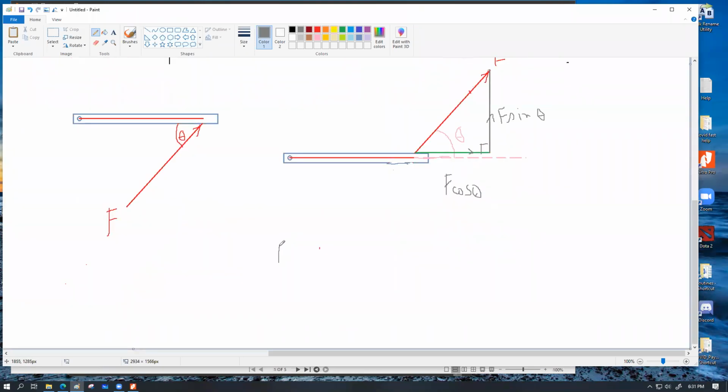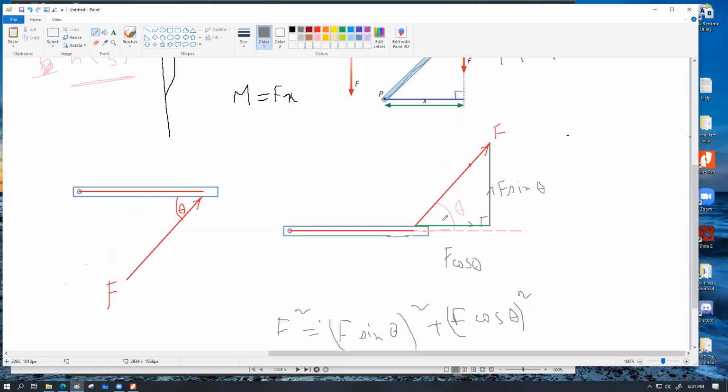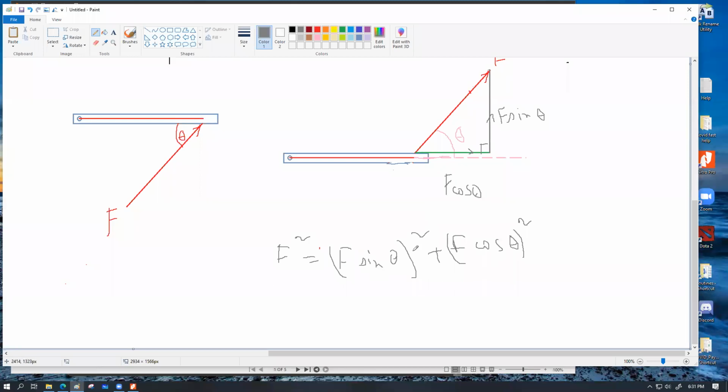Have a look. F square equals f sin theta whole square plus f cos theta whole square. This is supposed to happen, because this is a right angle triangle. Now if you do this, will you have f square on this side? You're gonna get f square sin square theta over here, and f square cos square theta over here.